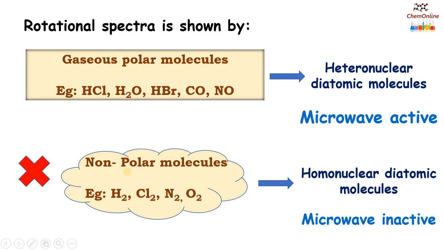Now the non-polar molecules like H2, Cl2, N2, O2, etc. do not have a permanent dipole moment, and hence such molecules are microwave inactive. These are all homonuclear diatomic molecules, which do not have a permanent dipole moment, and such molecules are microwave inactive.